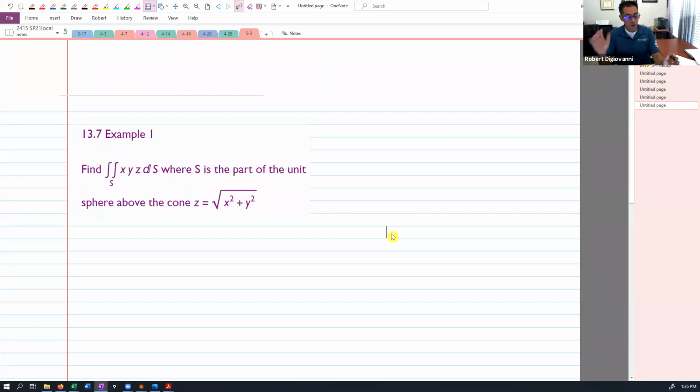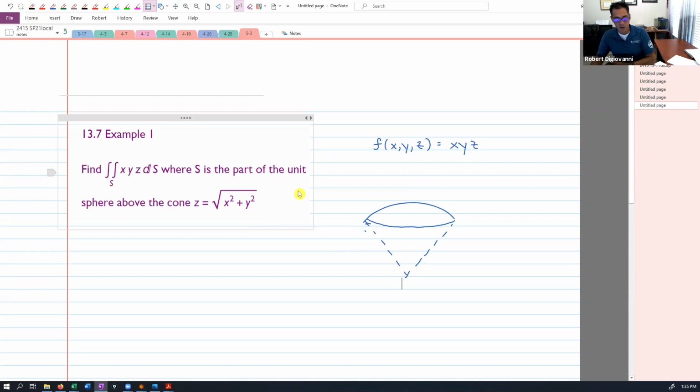Okay, so if I were to do this right now, here's what I would have to do. I would first realize, just for the sake of being clear, the scalar function we're dealing with here is the function x y z. That's our scalar function. Now, the surface that we're interested in, that top part of that, it's the top part of the unit sphere.